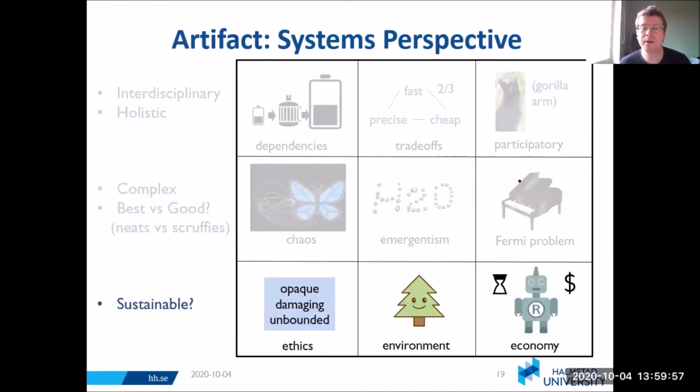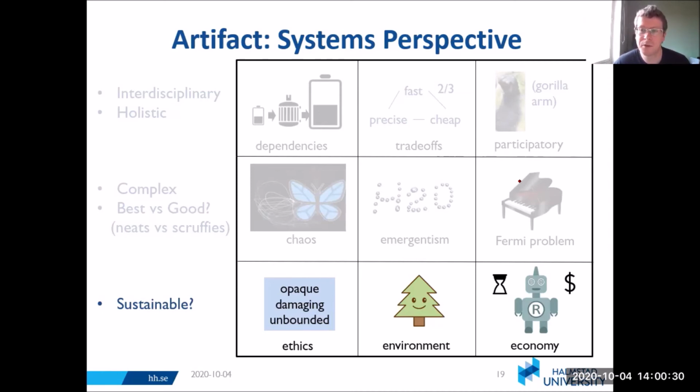Another thing that we can think of when we're looking at our requirements is, will we create a sustainable system? So it's sustainable development, and we can look at perspectives like ethics, environment, and economy. Here for ethics, I'm showing three properties of a system that have been described as common properties in AI systems that could actually hurt people.